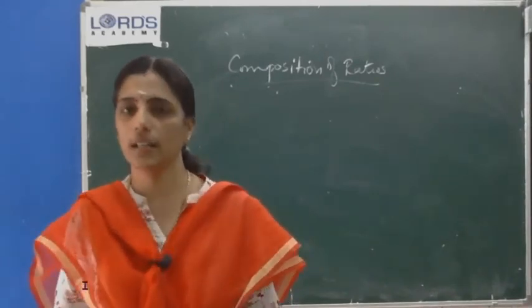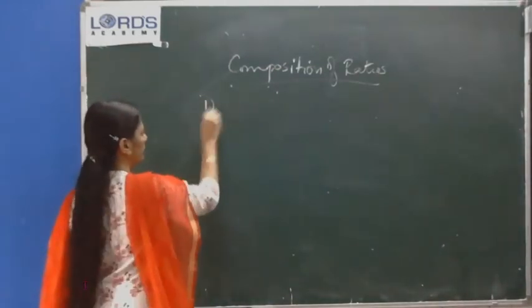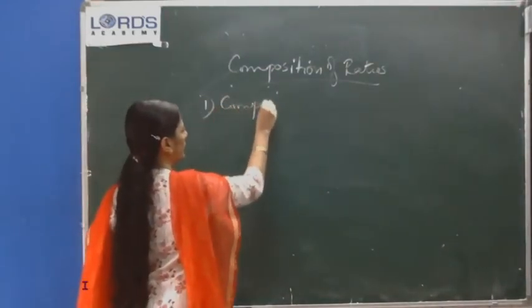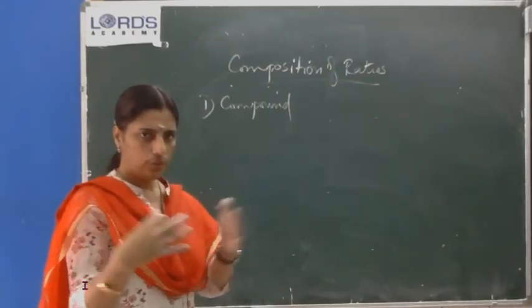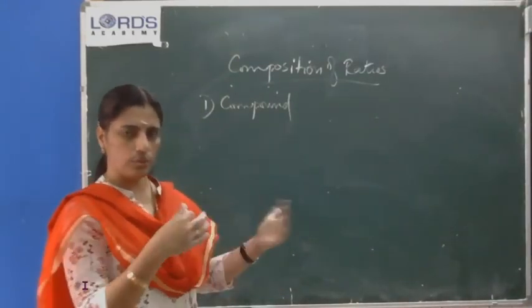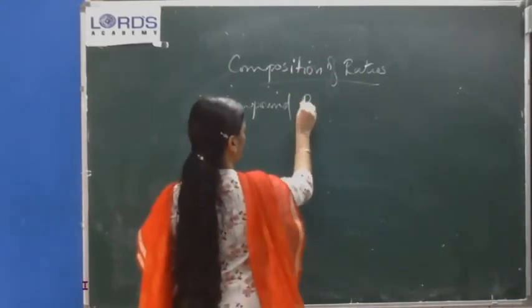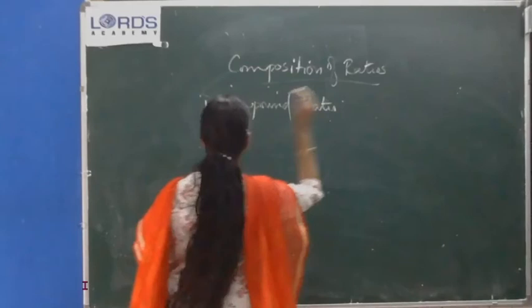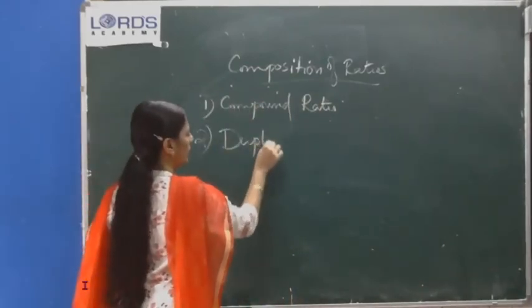From the class itself you study. First one is compound ratio. Different types of ratio. How did these names come? Because by doing some combinations or some operations. Okay. Compound ratio. Second one is duplicate ratio.